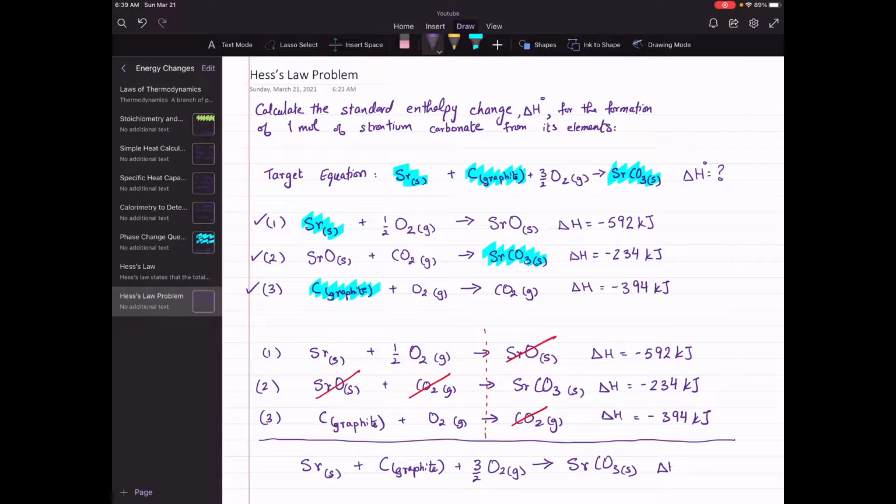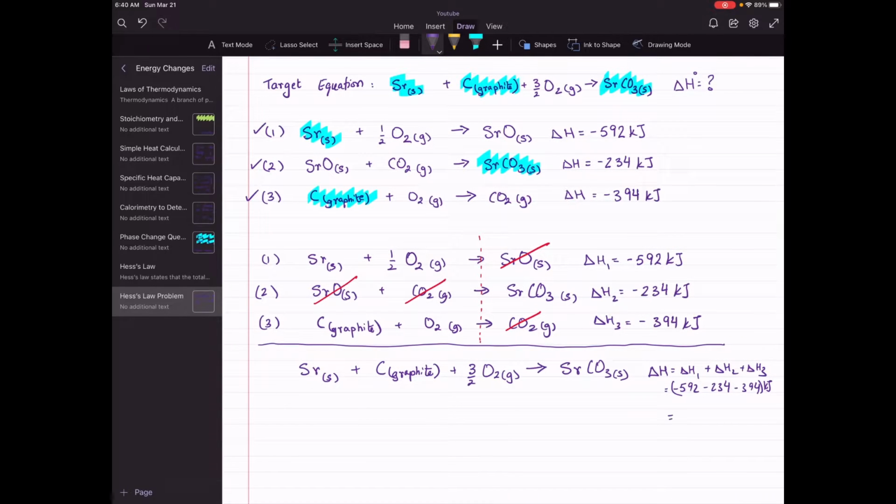So what is the delta H value? Well, the delta H is the sum of the 3 delta H values that we had on top. The delta H is equal to delta H of 1 plus delta H of 2 plus delta H of 3. So you take all 3 values: negative 592, negative 234, negative 394 kilojoules. And we can calculate the final answer.